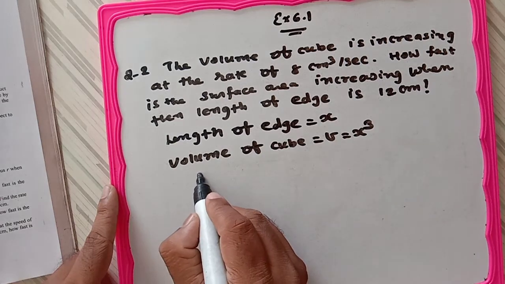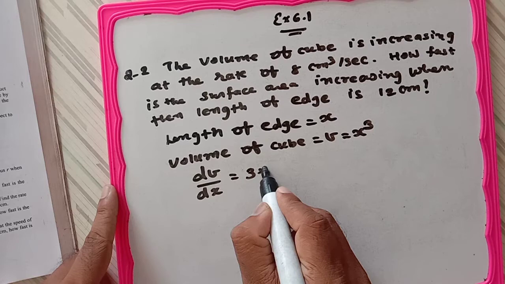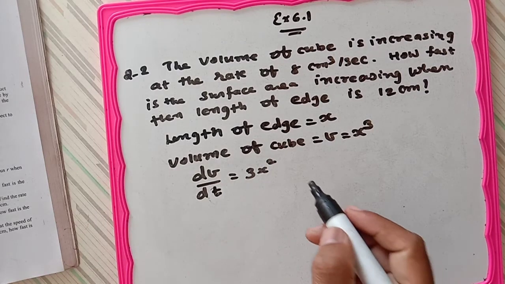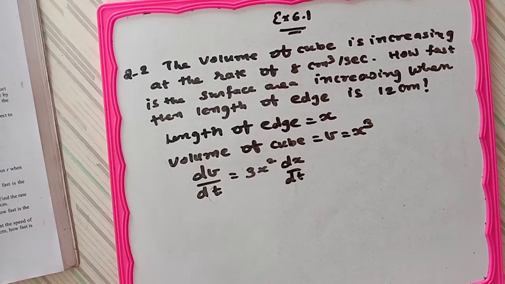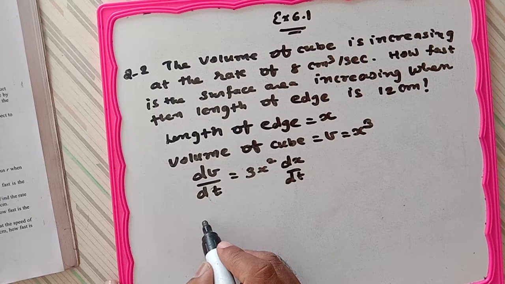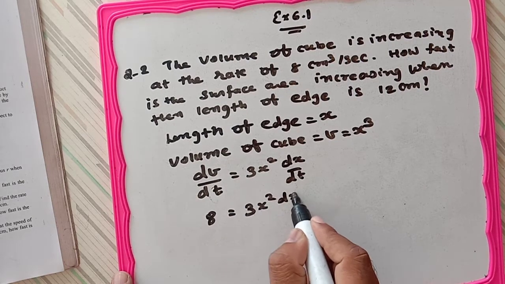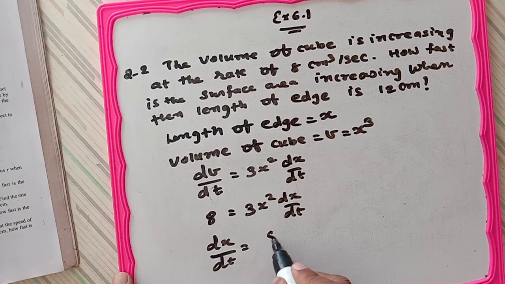Then the changing rate of V with respect to time we calculate, that is 3x square dx by dt. dV by dt is given as 8, so 3x square dx by dt equals 8, and so the rate of change of x with respect to time is 8 by 3x square.